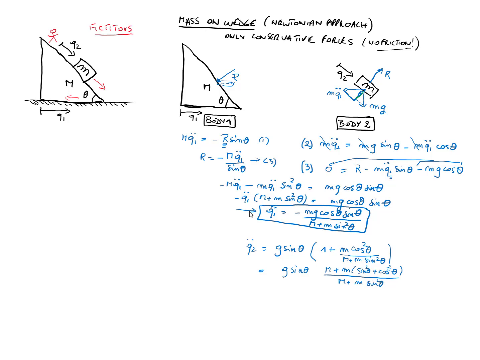And if there is something that you know from your trigonometry course, it is that this thing here is equal to 1, and we arrive here at the equation for the acceleration q2 double dot.